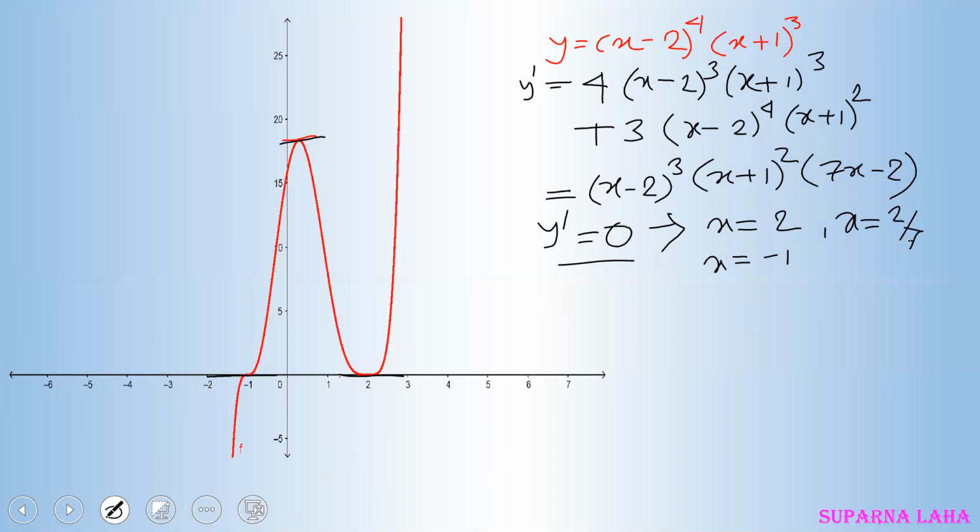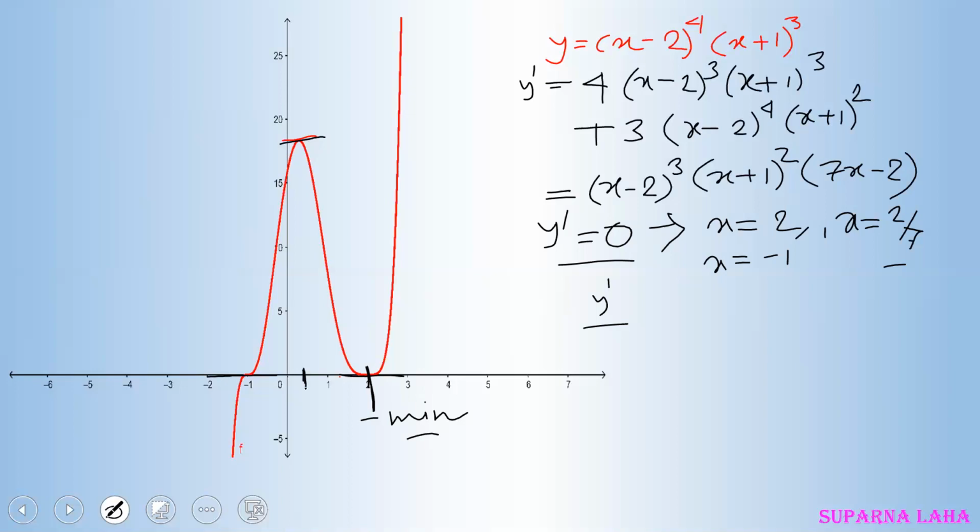Okay, so check this point x equals 2. If you find the second derivative, you can check also; here I'm checking by graph only. At this point the function is minimum, and at 2 by 7.